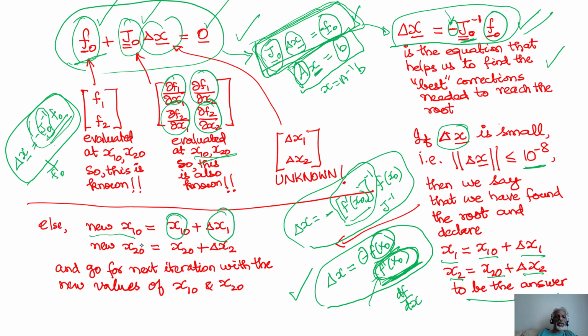The new value for x2, which is new x2 naught, is going to be the old x2 naught plus the correction that you have calculated. And now you continue your iterations with these new values of x1 and x2 until you reach this condition or you reach the maximum number of iterations that you have set.